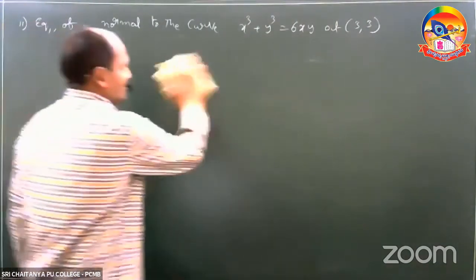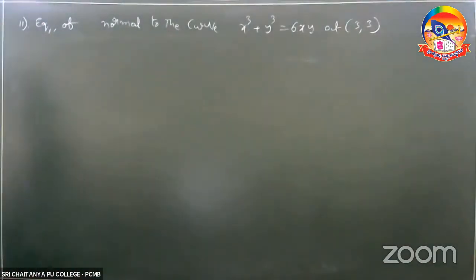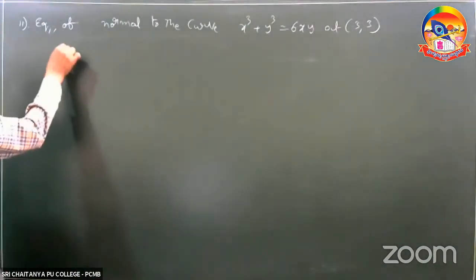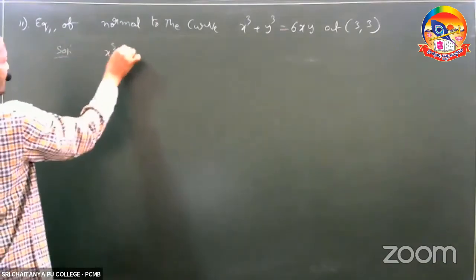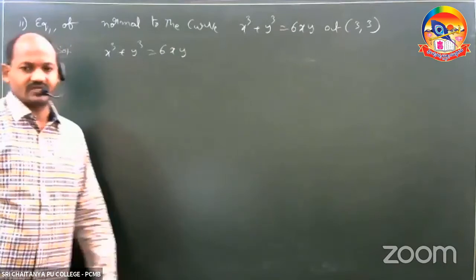Equation of normal formula: y minus y1 is equal to minus 1 by m into x minus x1. So, given the curve x cube plus y cube is equal to 6xy.